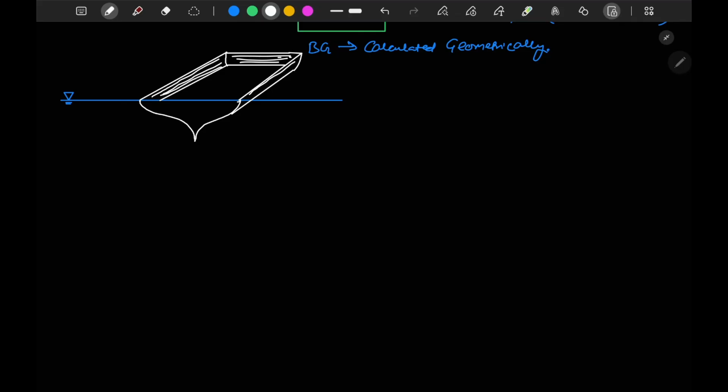Here also this is part of the ship body. This is also part of your ship body and is called the hull of the ship.